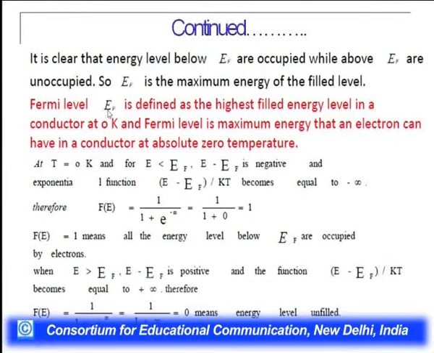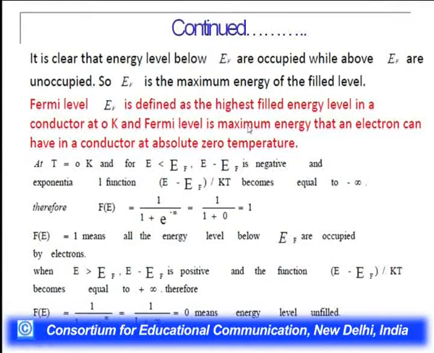The Fermi level Ef is defined as the highest filled energy level in the conductor at 0 Kelvin, and the Fermi level is the maximum energy that an electron can have in a conductor at absolute zero temperature.